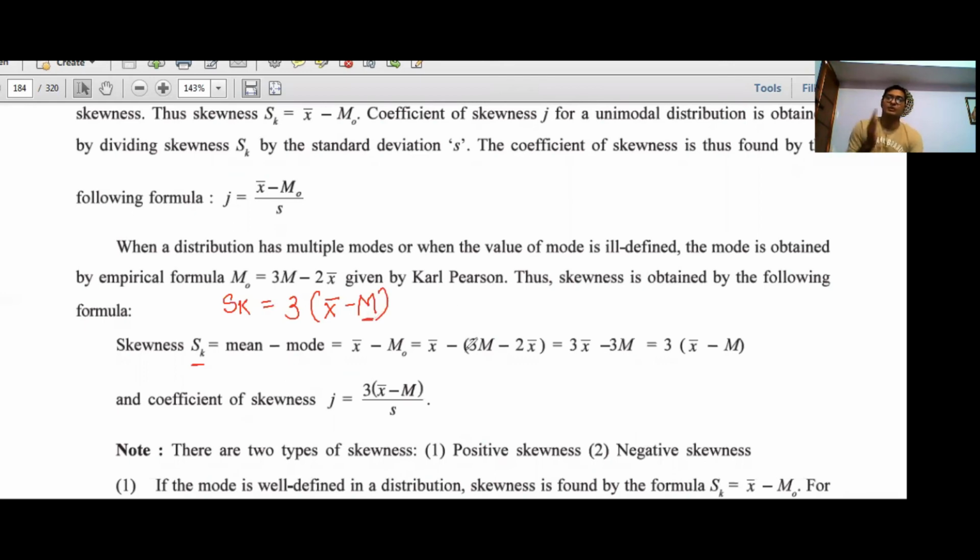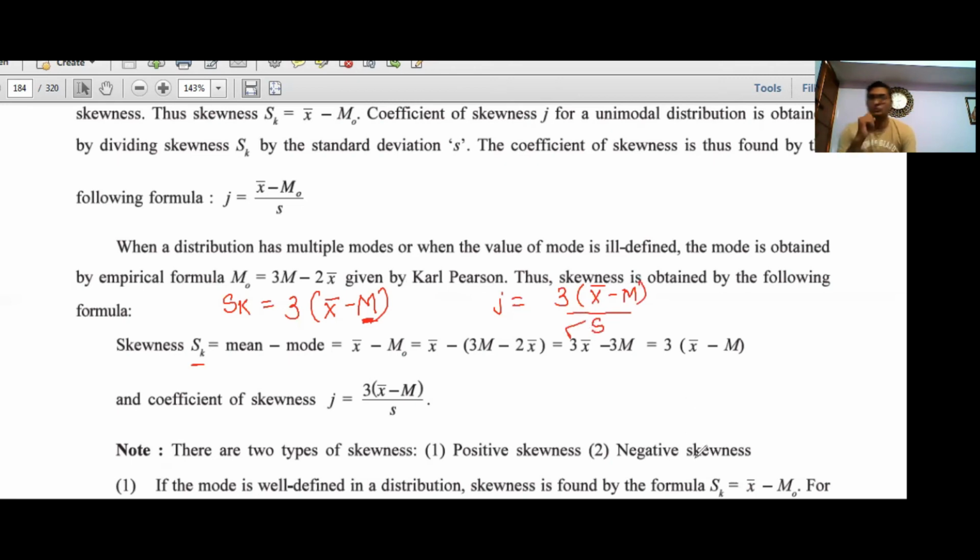So if we cannot find the skewness using the mode, there is another option to find it using the median. Skewness equals 3(x bar minus M). And the coefficient of skewness is 3(x bar minus M) divided by s, where s stands for standard deviation.